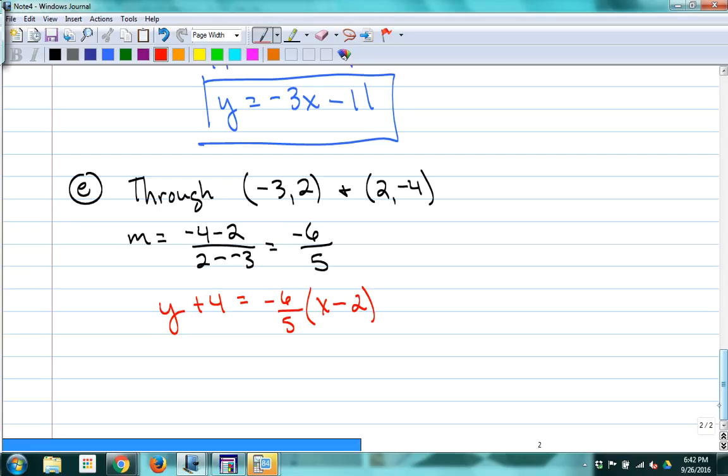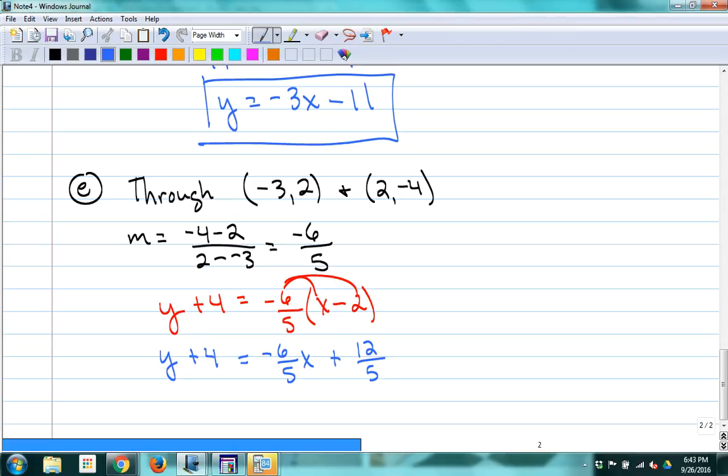Now, if I want to write that in slope-intercept form, what do I have to get by itself? Y. So what am I going to do first? Distribute. So that's going to be -6/5 x plus 12/5. -6 times -2 is positive 12, then it's just over 5 times 1 is 5.